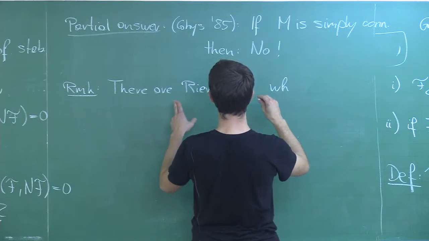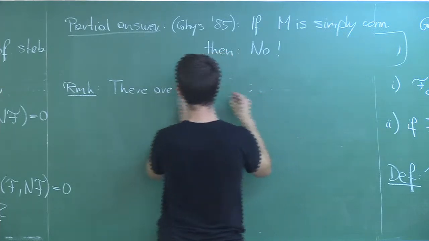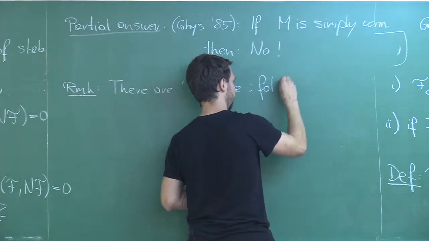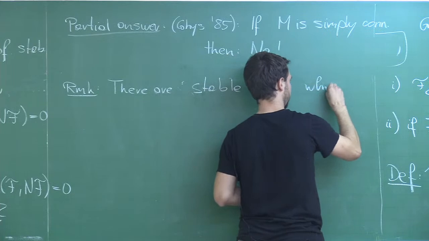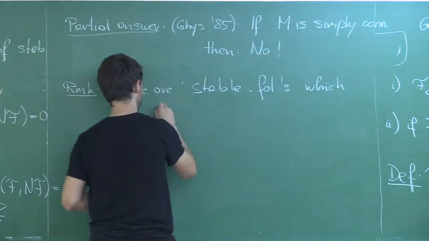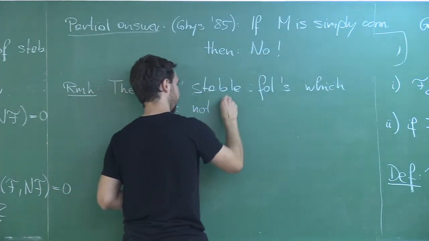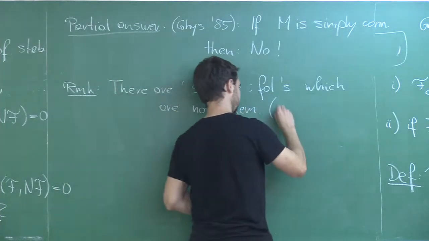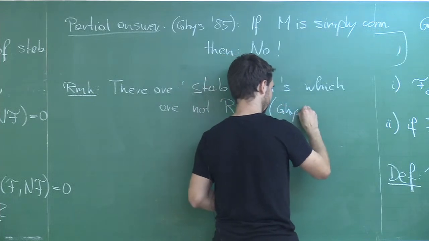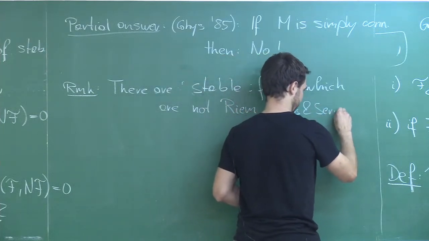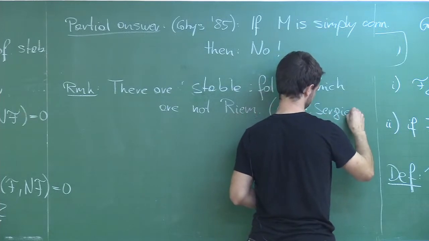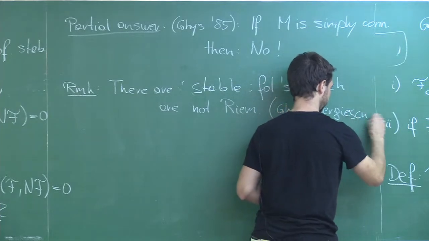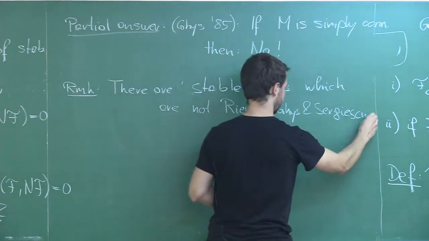There are stable foliations which are not Riemannian, and the first example was given by Ghys and Sergiescu.